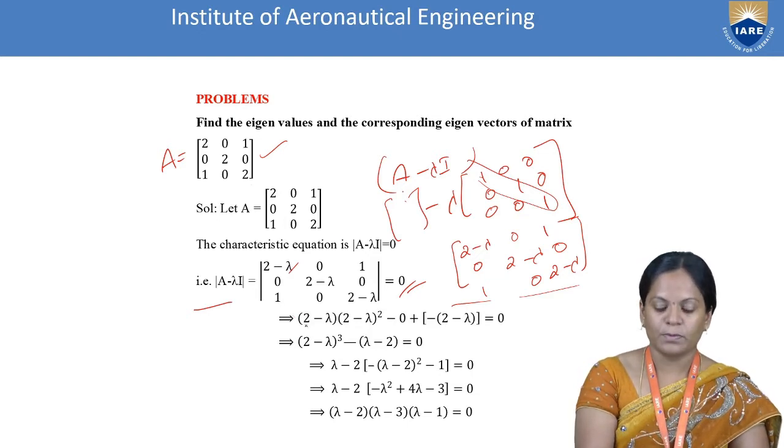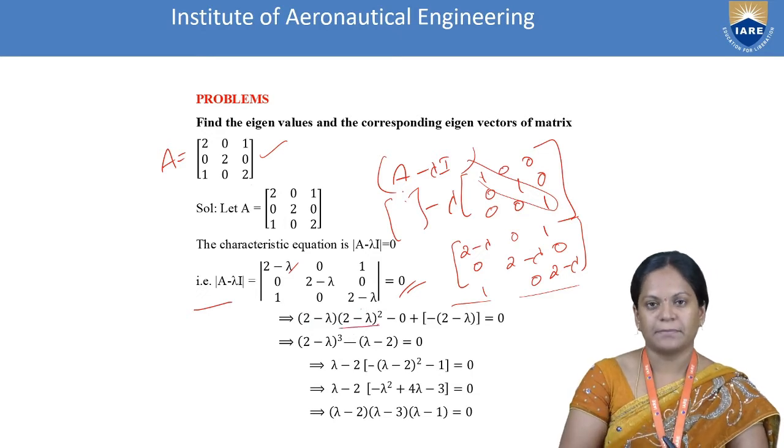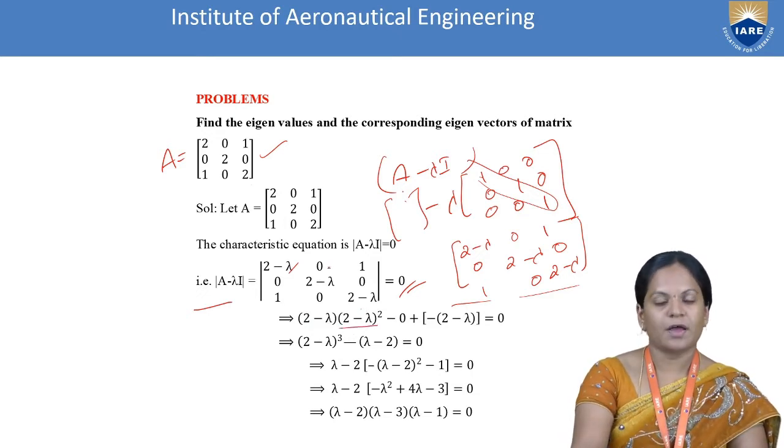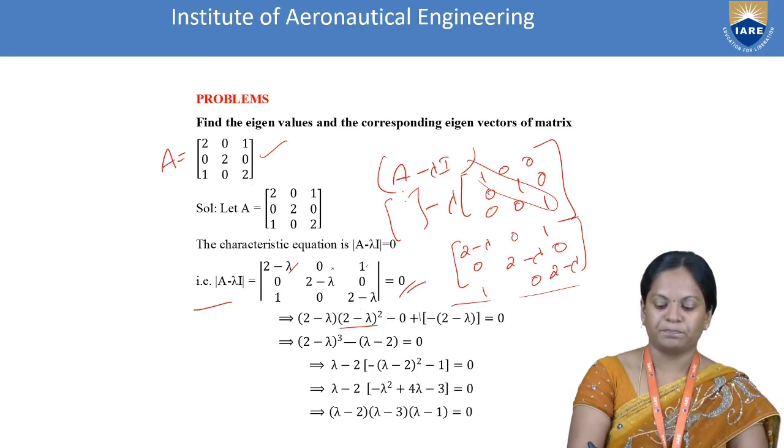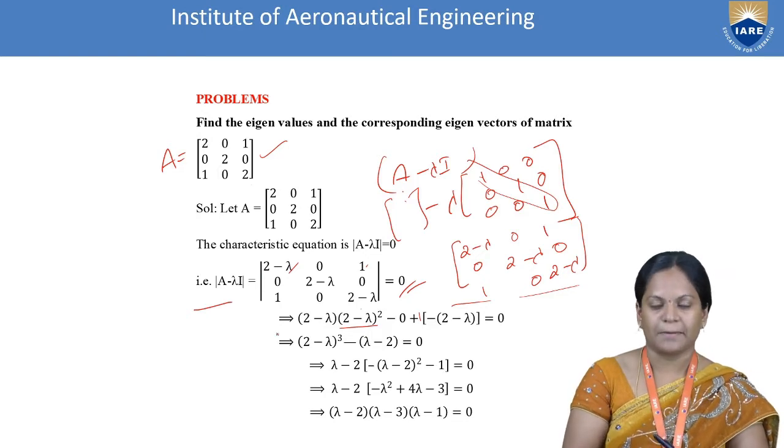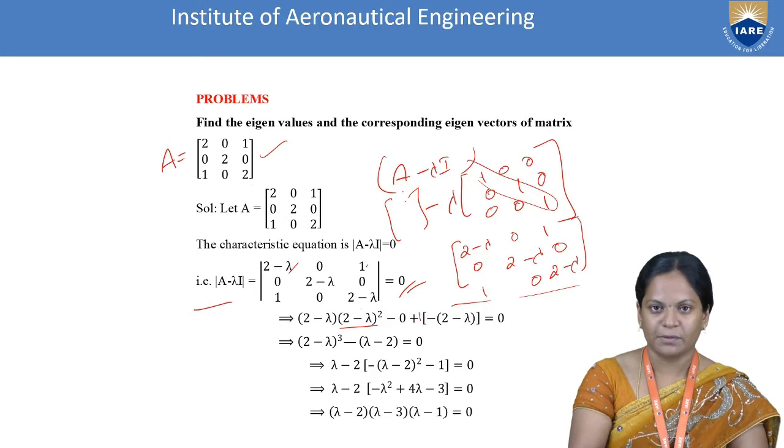I am taking 2 minus lambda into (2 minus lambda)(2 minus lambda), that is, 2 minus lambda all squared. The second term is 0, so I am not writing it. And the third one is plus 1 into again the AD minus BC form, minus of 2 minus lambda. For 3 by 3 we already know how to find the determinant, and the same here.